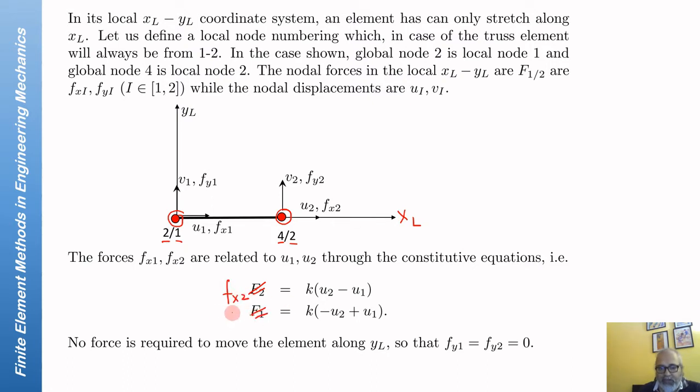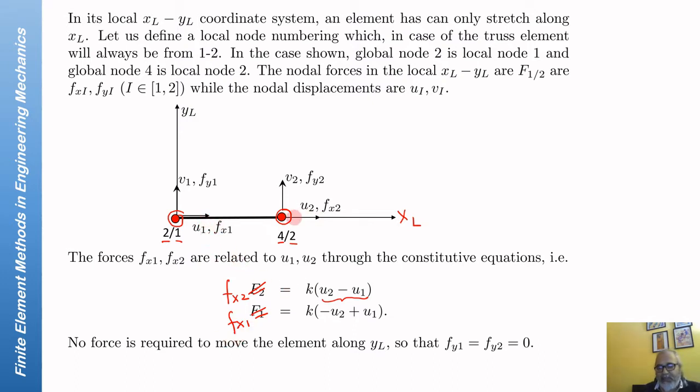This should be Fx1. I'll correct it when I upload these notes. So Fx2 will be K times (u2 minus u1). This is the delta L value when this node moves by u2 and this node moves by u1. And similarly, Fx1 will be minus of this.